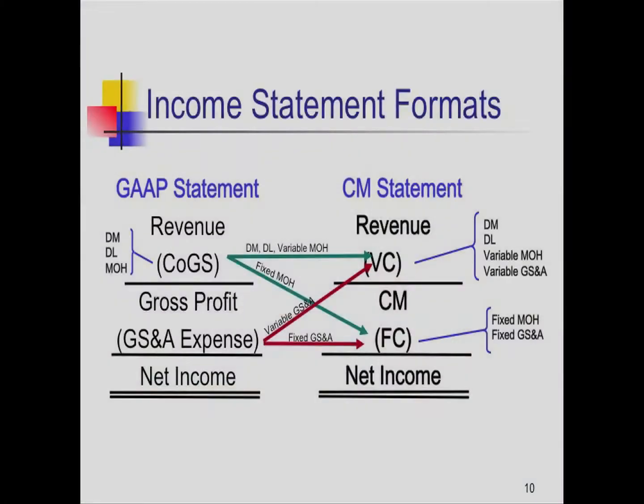Okay? But in your situation, you might be making different assumptions, so don't take a cost and say this is always fixed, because in certain situations some costs are fixed, some costs are variable. You have to look at how that cost is behaving given that activity, whatever activity you may have, changes.